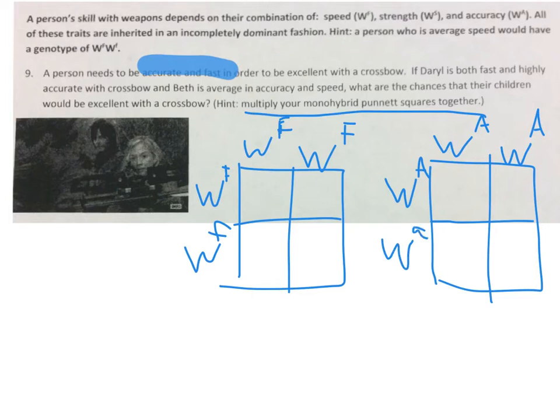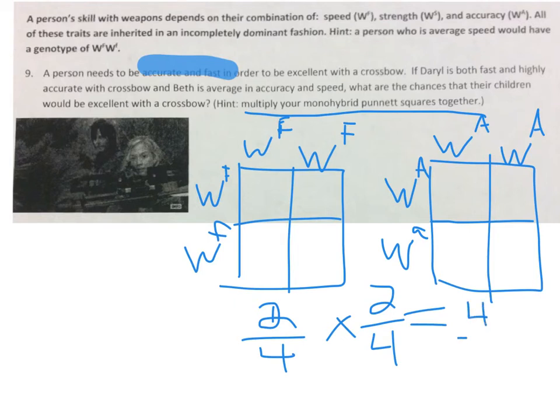Okay, so what are the chances their children would be excellent, that they would be both fast and accurate? I'm looking to see complete Punnett squares, but what you should be able to say is that there is a 2 in 4 chance, or a 1/2 chance either way, that they would be very fast, and a 2 in 4 chance, or a 1/2 chance, that they would be very accurate, which when I multiply 2 times 2 is 4, and hey guys, look at what I did this time, 4 times 4 is 16.